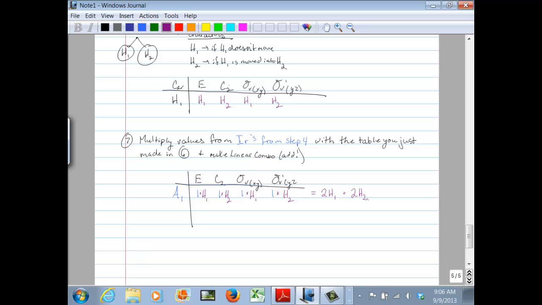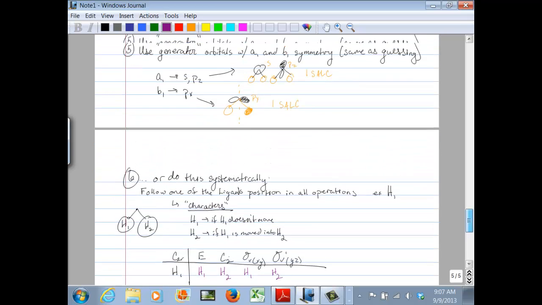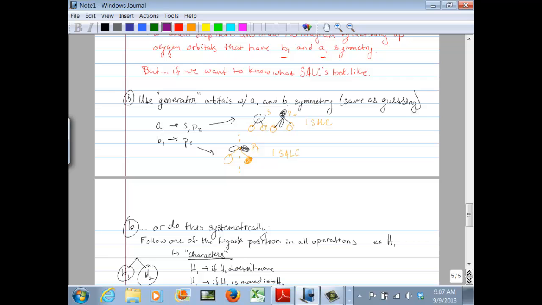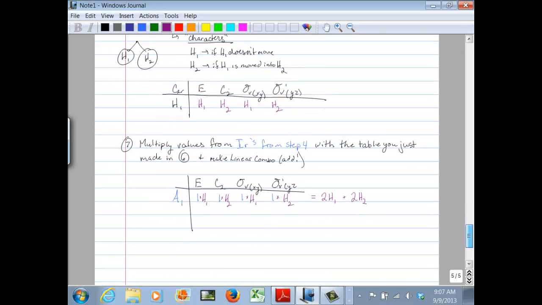Think about adding wave functions together. You can think of the H1 and the H2 as two different wave functions. When you have two wave functions of the same sign, this is the SALC that looks like this one up here. How do we know?